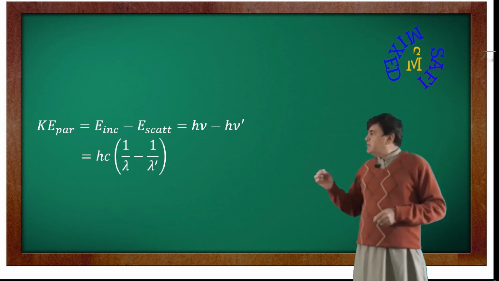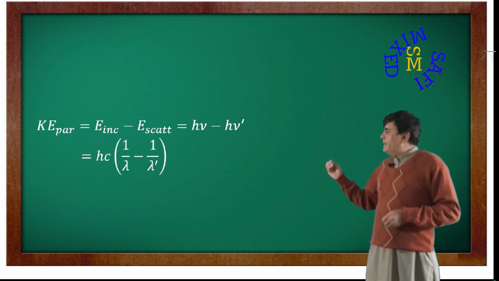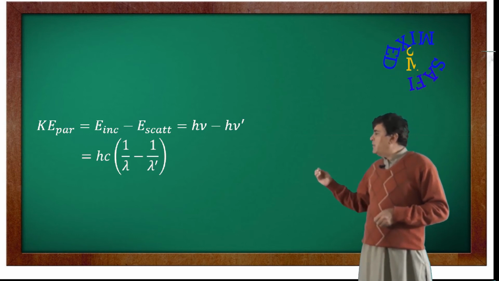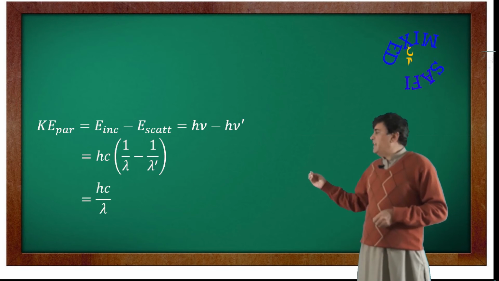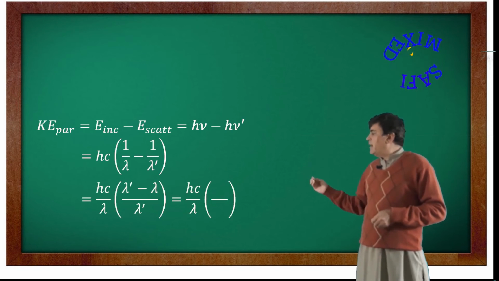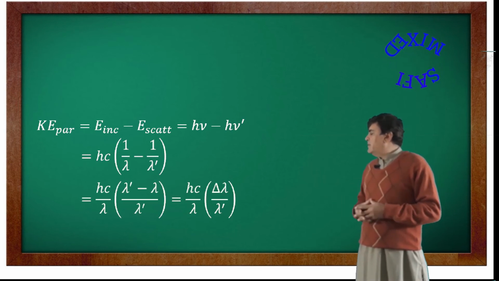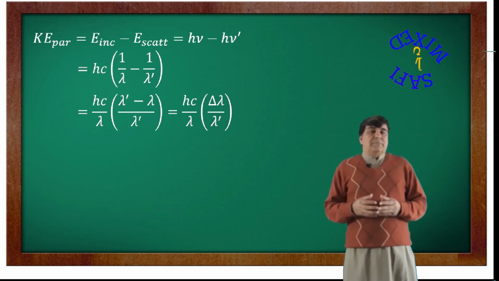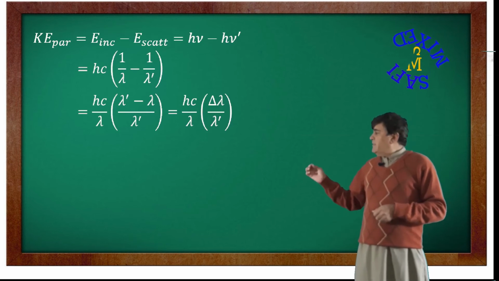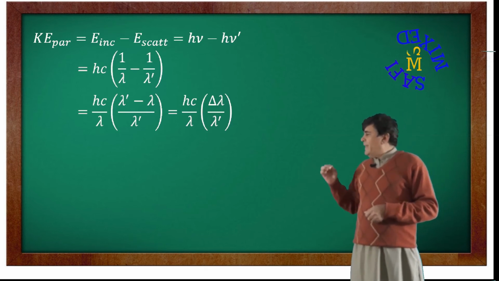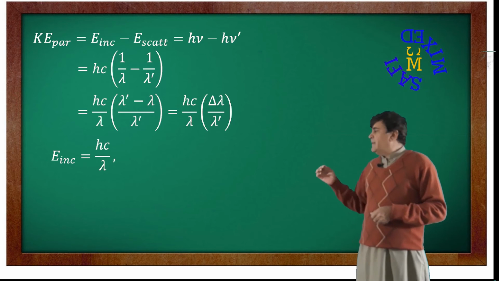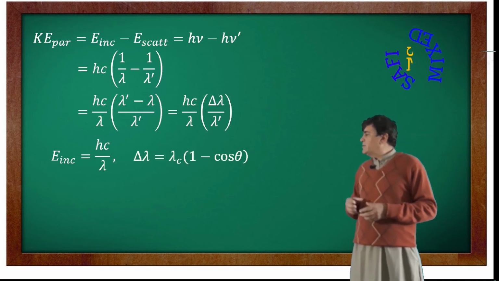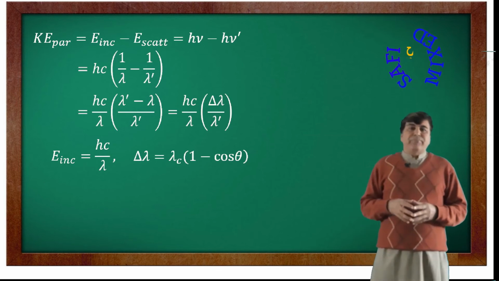This can be put into a more simplified form by putting the terms inside the bracket into a single denominator, and that can be expressed as hc divided by lambda, the whole multiplied with delta lambda divided by lambda prime. Now, hc divided by lambda is in fact equal to the incident photon energy, and delta lambda is equal to lambda c times (1 minus cos theta).